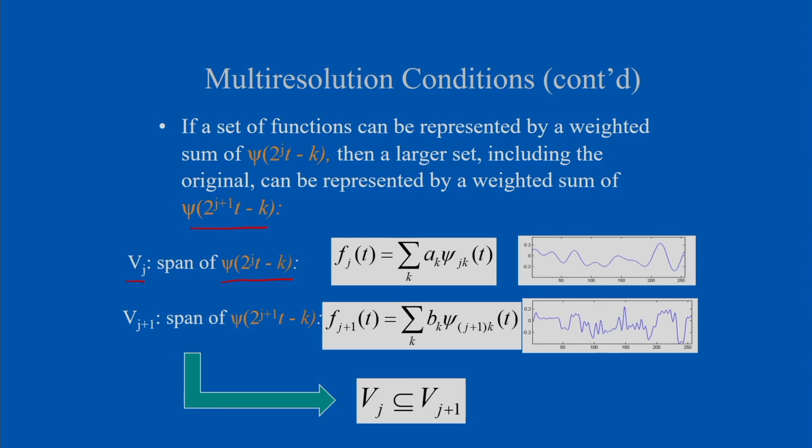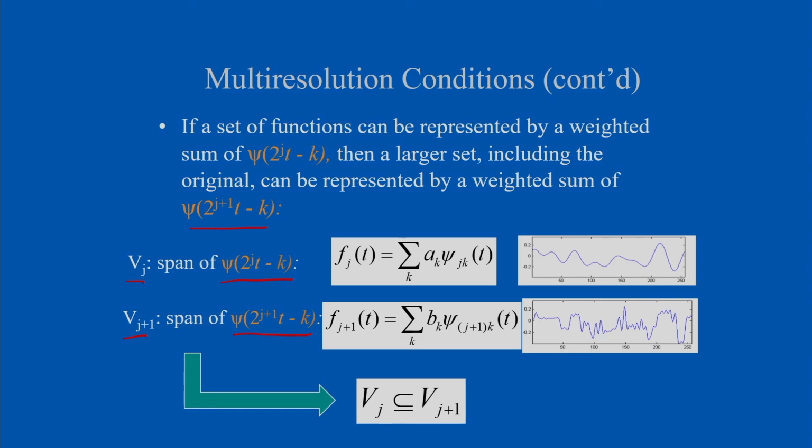And if I consider another larger set, that is Vj plus 1, it should be the span of the basis function psi 2 to the power j plus 1 into t minus k. So first I am considering a small set.